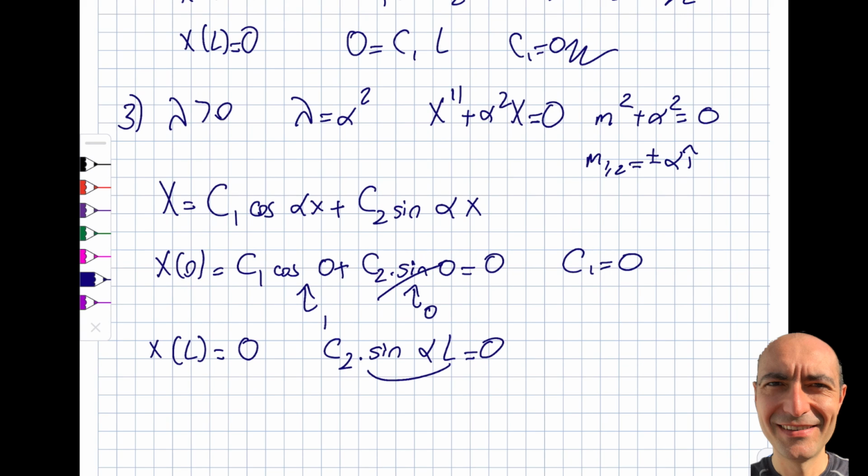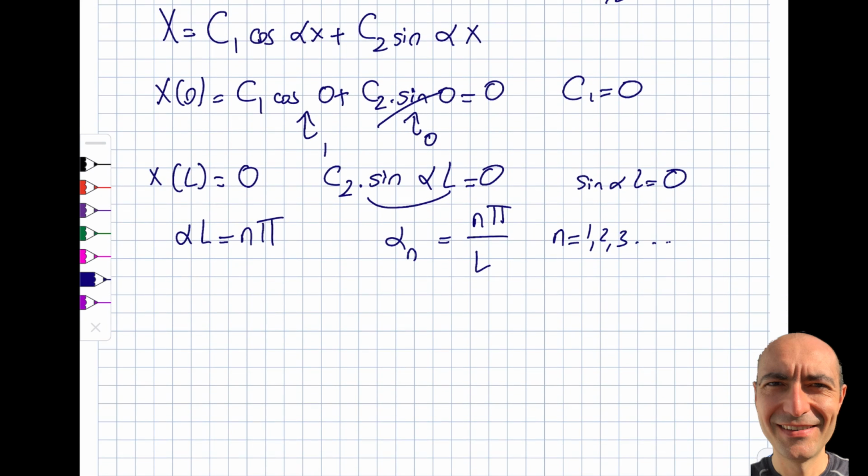So now I will say that the sine of alpha L is equal to 0, and this should look very familiar to you because this is from the Sturm-Liouville problem. In order for this to be accomplished, I have alpha L is equal to n pi. So alpha n, the nth one, will be n pi by L, and this n will be 1, 2, 3, all the way, right?